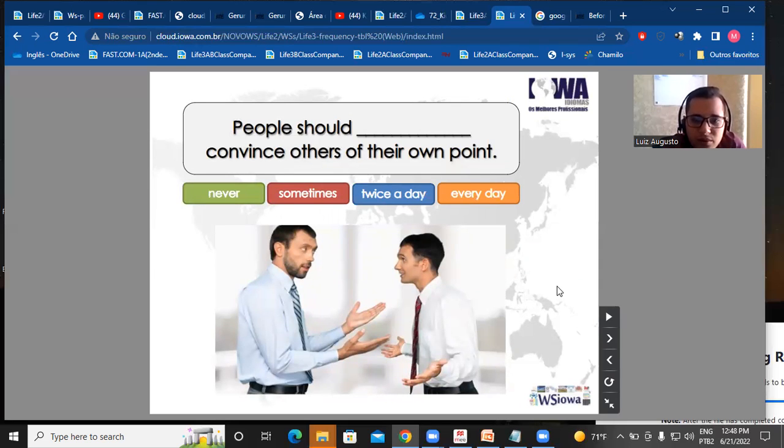People should convince others of their own point. People should, the modal verb. Twice a day? People should twice a day convince others of their own point. Convince é convencer? Yeah.